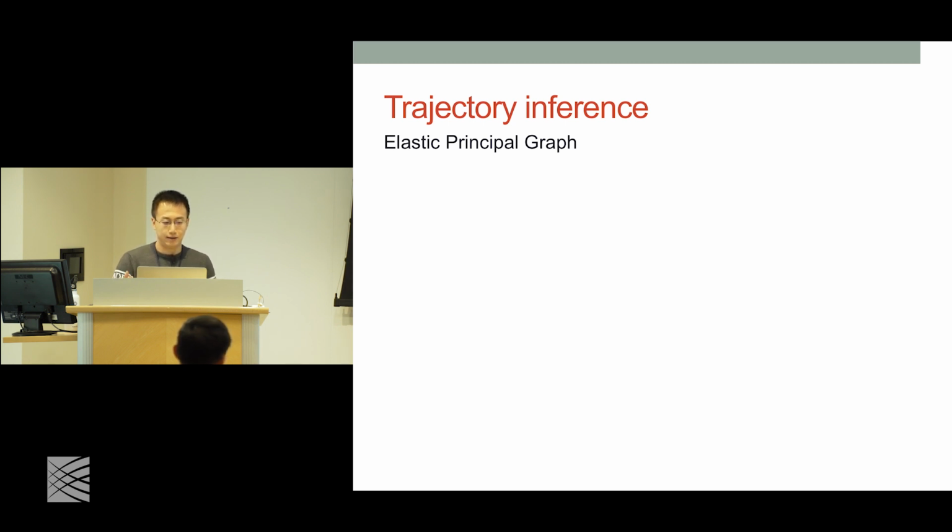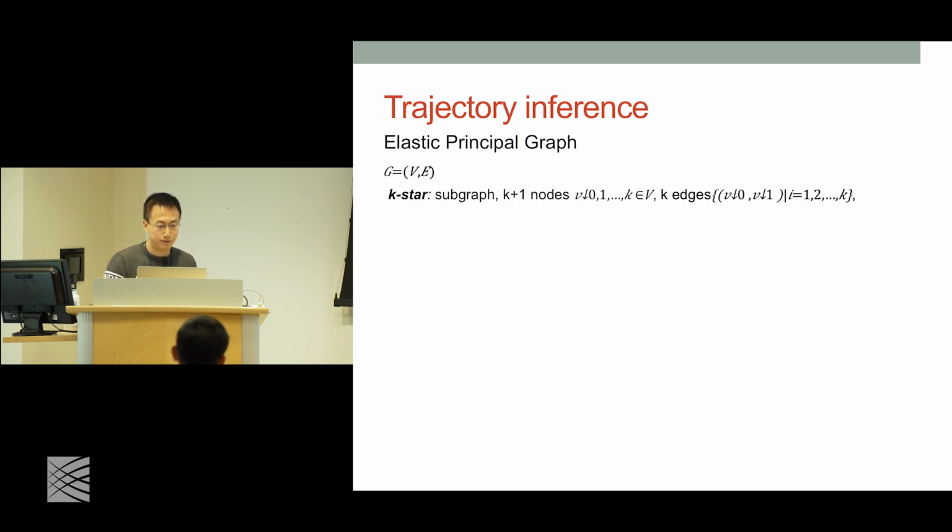Given a graph, it has the vertices V and the edges E. Here, I would like to introduce an important concept in the elastic principal graph: the K-star. A K-star is a subgraph in G. It has K+1 nodes and K edges. For example, this is an example of a 4-star. It has 5 nodes and 4 edges, with 1 central node and 4 leaf nodes.